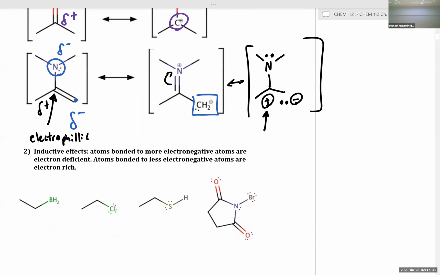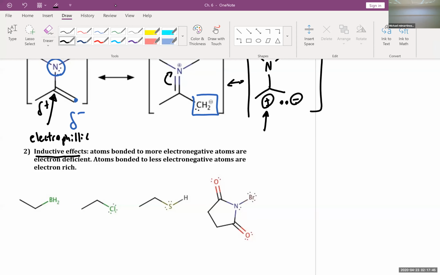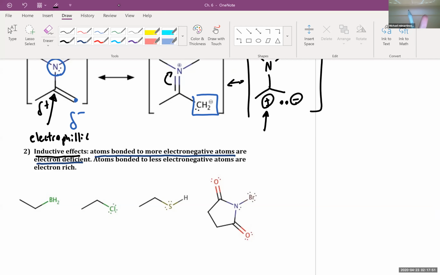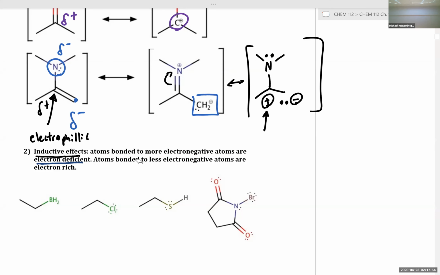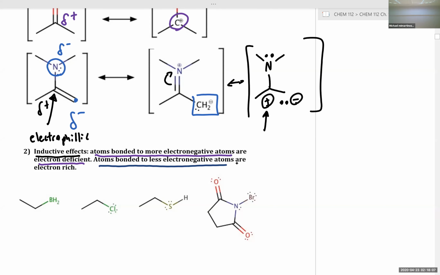Now, in addition to resonance effects, inductive effects also can play a huge role. For inductive effects, atoms bonded to more electronegative atoms are electron deficient. Let me color code that more appropriately. So atoms bonded to more electronegative atoms or electron withdrawing groups are electron deficient, while atoms bonded to less electronegative atoms are electron rich.